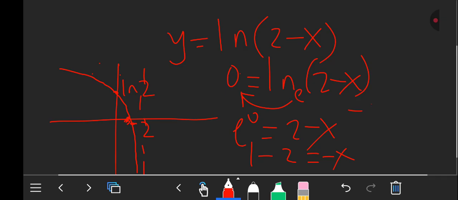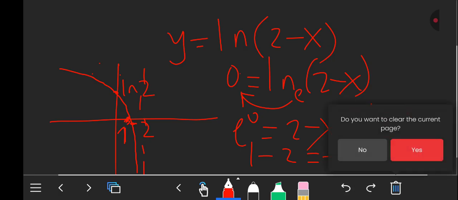There we'll have negative 1 is equal to negative x, and we'll find x to be 1. So where it crosses the x-axis, that is 1. So this is how you should evaluate the log graphs.